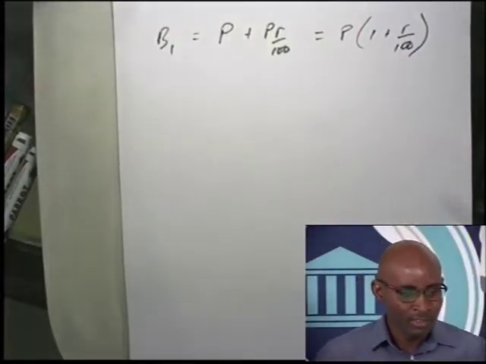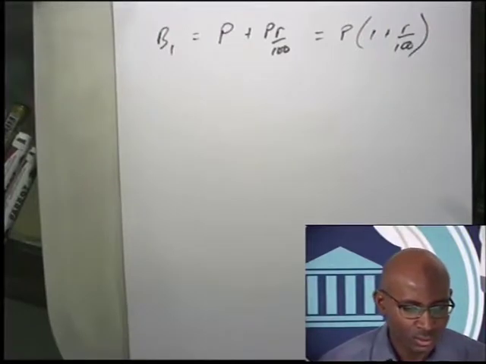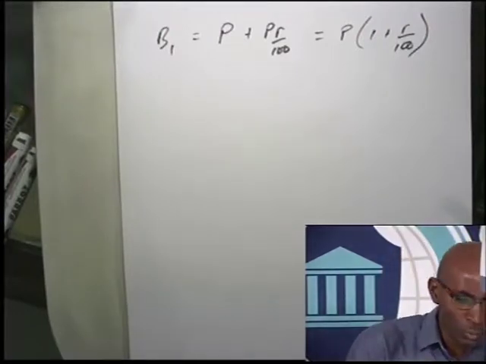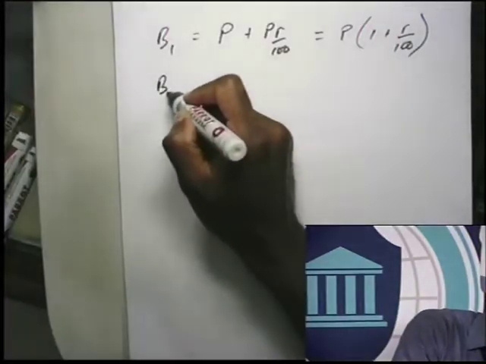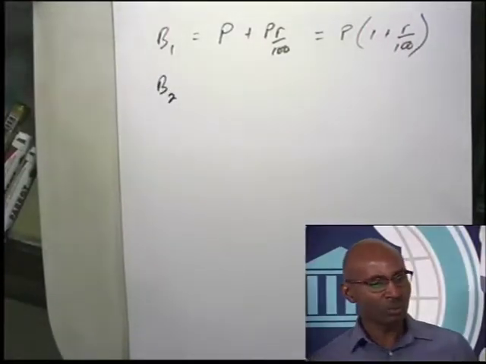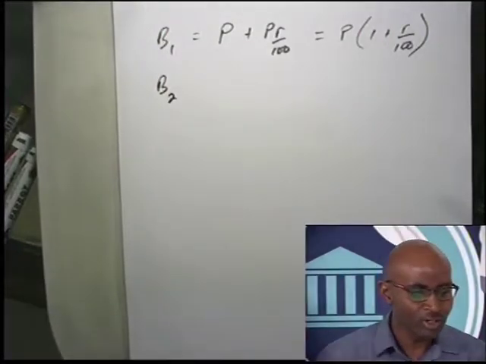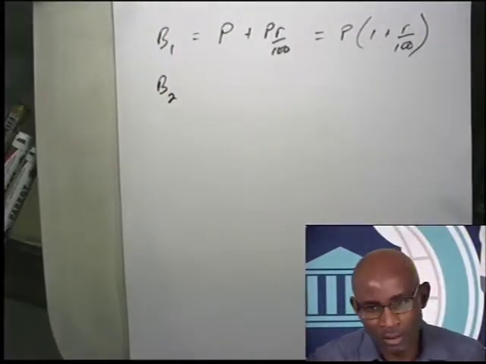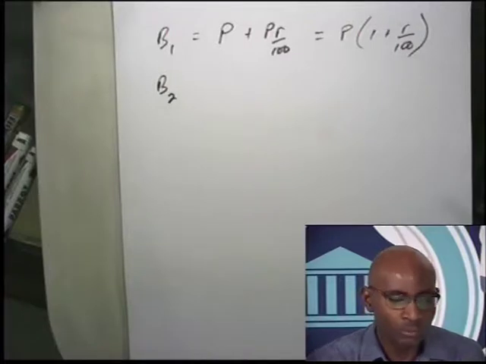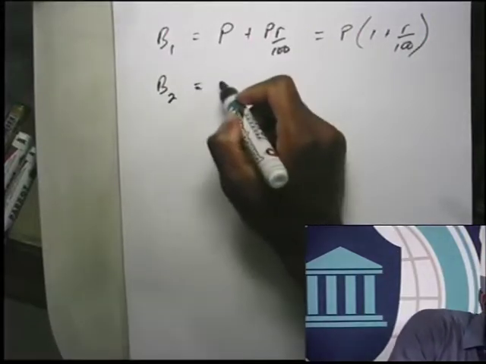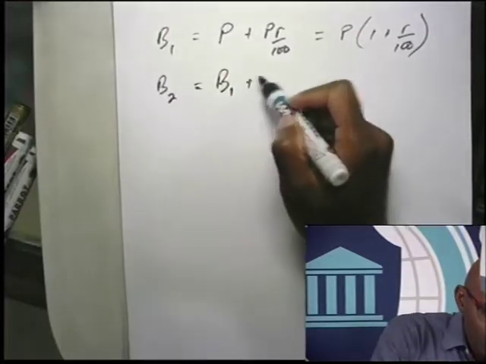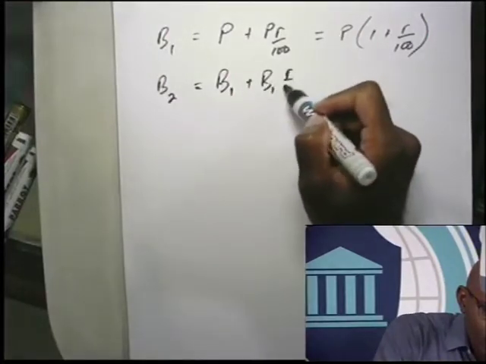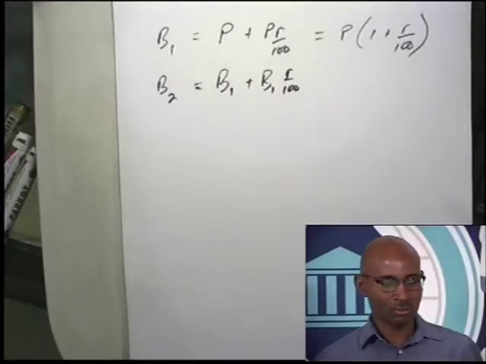And then if we do it again for the second year, in this case, we are reinvesting B1, and it's no longer P. It will be B1, so we'll have B1 plus B1 R over 100.